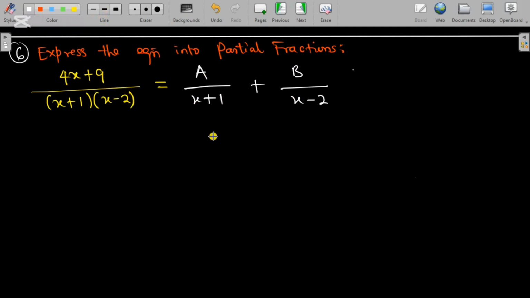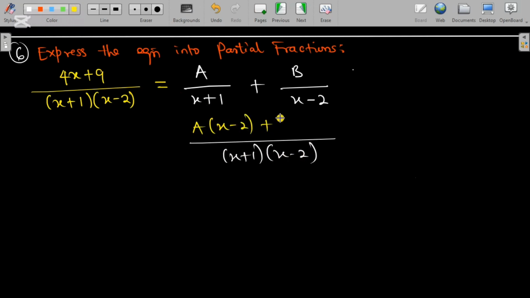And that's the spaces that you have in your workbook. Okay, so here you can use 2 ways to do this. One is to multiply through by this LCM, or you just look for the LCM here. So let's use the approach of looking for the LCM, which is x minus 2 times x plus 1. By the time we divide, x plus 1 will divide, so you just have a times x minus 2 plus b.